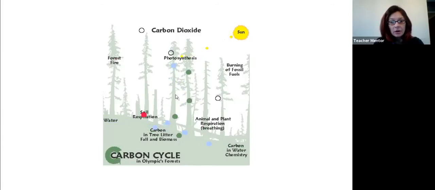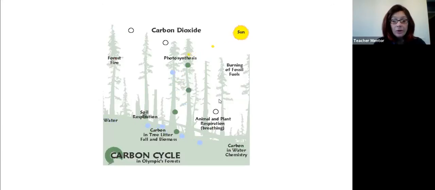All right, so once we have animals breathing, then we have some more carbon dioxide being released. The carbon dioxide is going to be represented by these clear or white circles, if you will, that are moving.